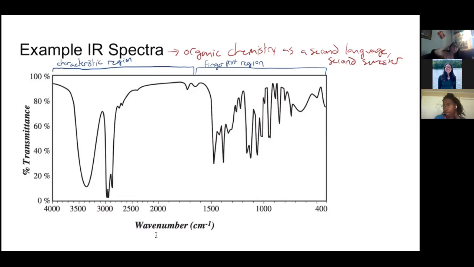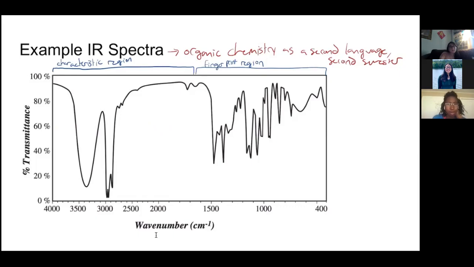And this is where we normally look for functional groups because the different absorbances due to particular functional groups are the same for one molecule to the next. For example, if I have one molecule with an alcohol group on it and another molecule with an alcohol on it, I would expect a similar sort of indication in the characteristic region from one molecule to the next. So this is what we're going to be using both in OCSP and in 3570 and in Orgo Lab primarily.